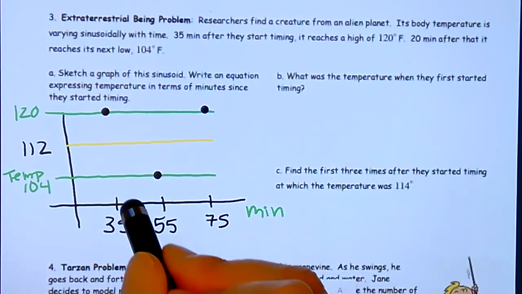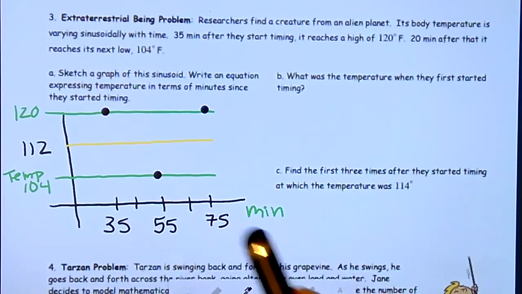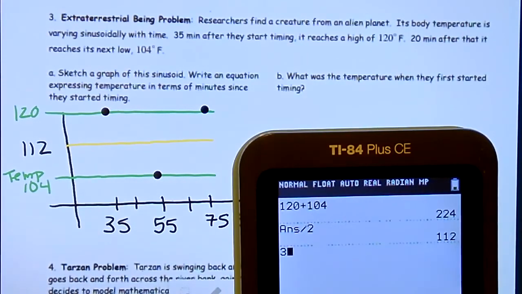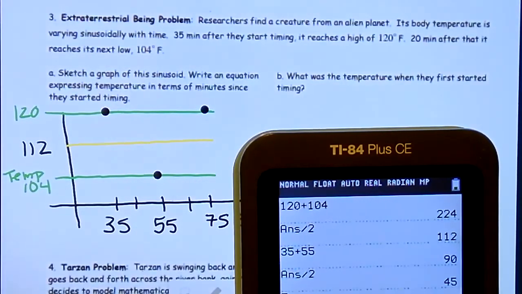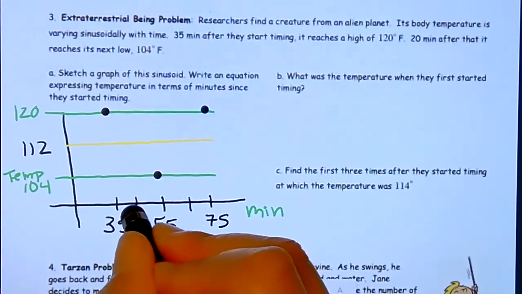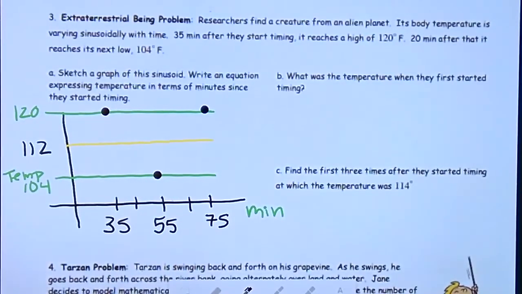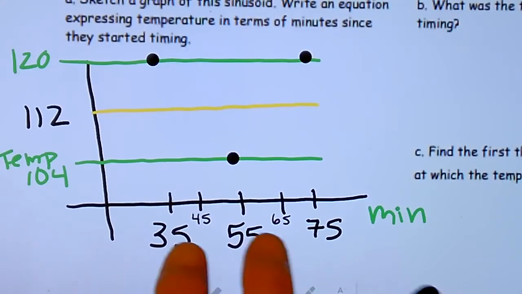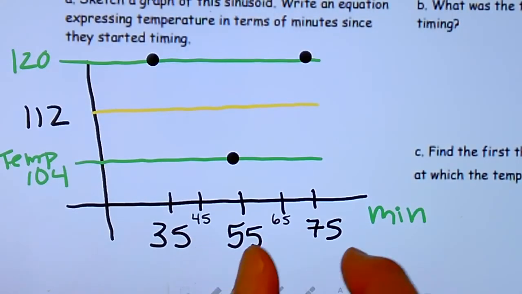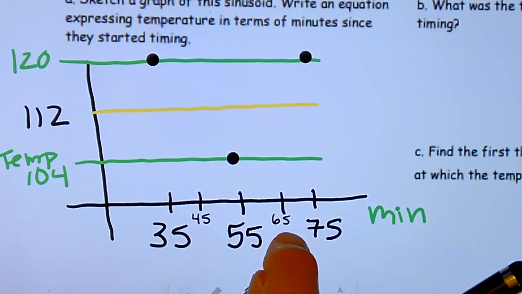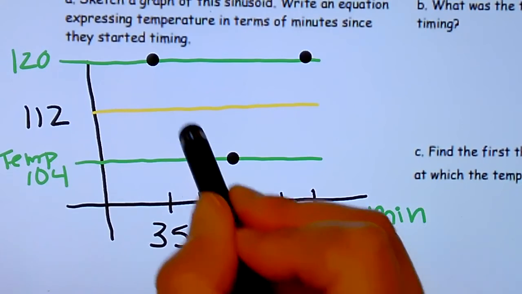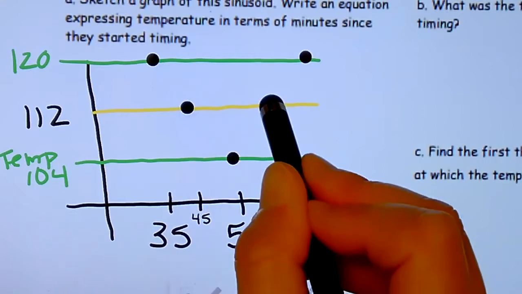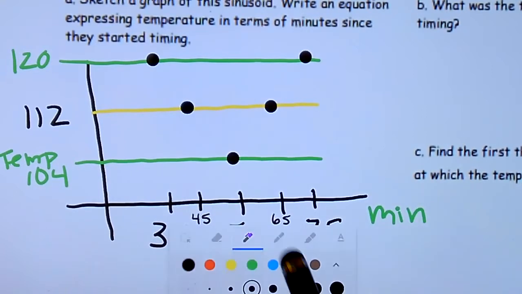Now halfway between these will be my middle, okay? So if I take 35 plus 55 and divide it by 2, I end up with 45. So again, I averaged these together, I got 45. I then averaged these and I got 65, okay? So that's going to be my middles. And then I can draw my curve.